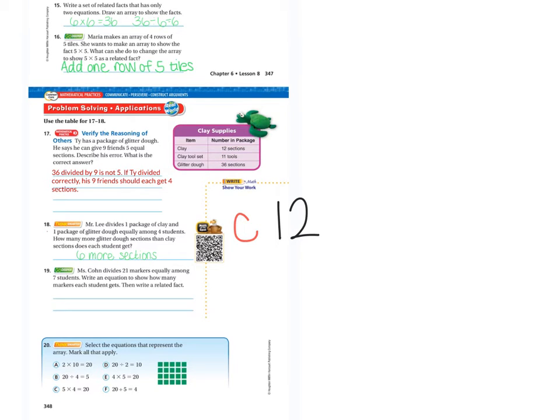So I am jotting this down. I put a C for clay. There are 12 sections per package. Now I am going to divide those 12 sections by 4 because Mr. Lee is dividing them equally among 4 students. So we're dividing by 4. 12 divided by 4 equals 3. So each student is going to get 3 sections of clay.